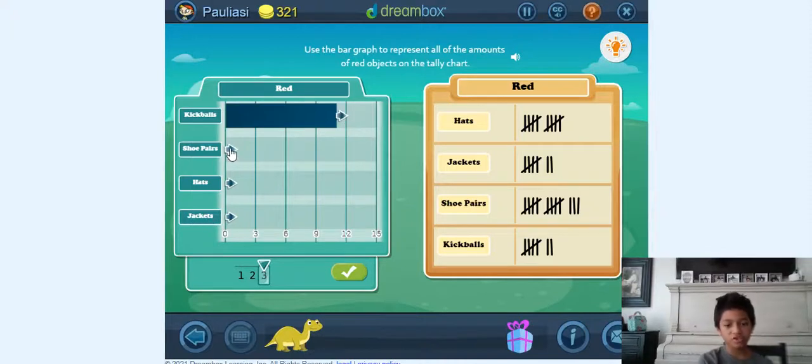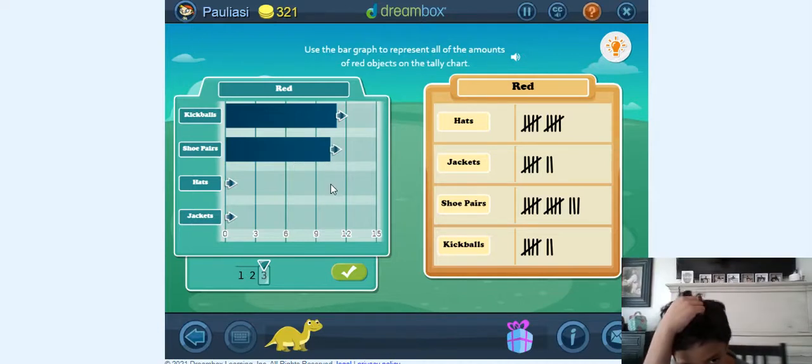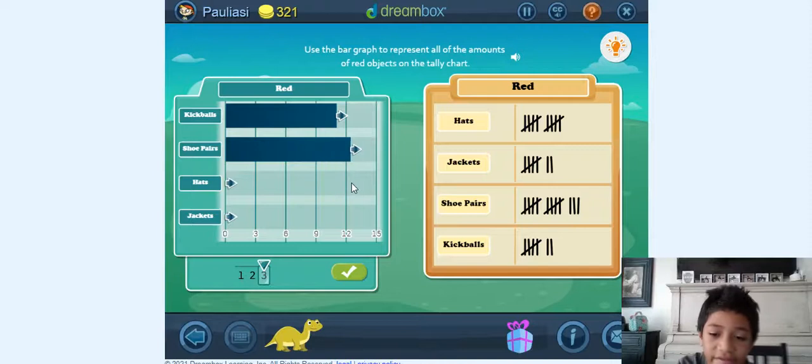Then how many shoe pairs are there? There are 13 shoe pairs. It's in the middle of this. And how many hats are there?